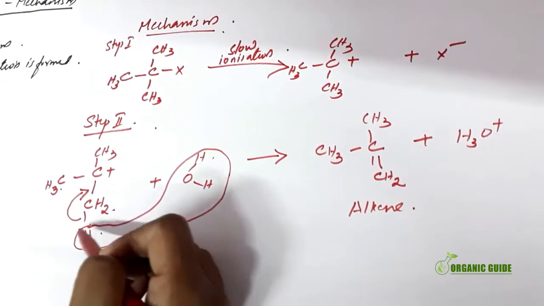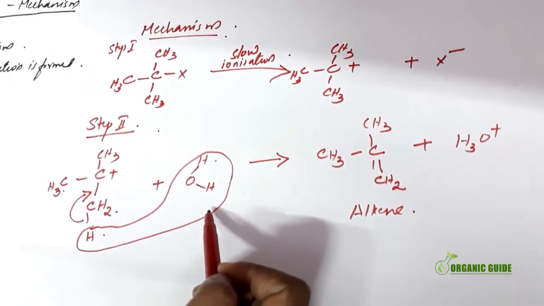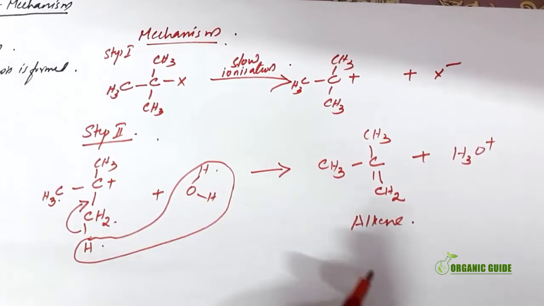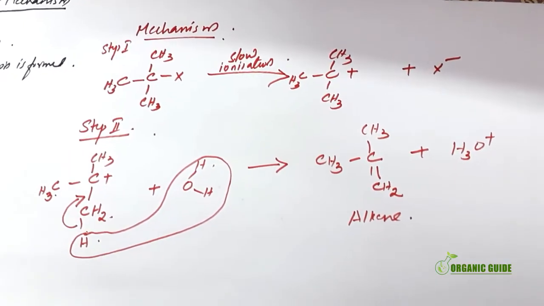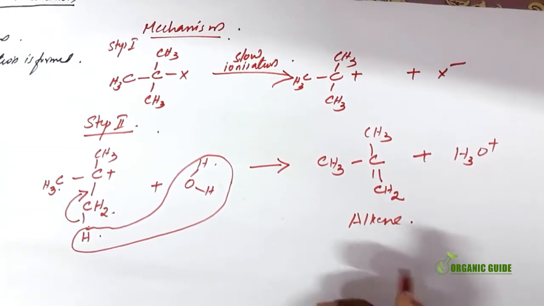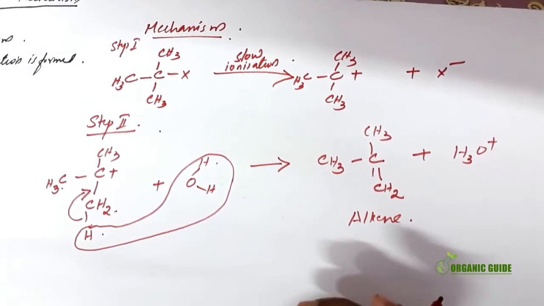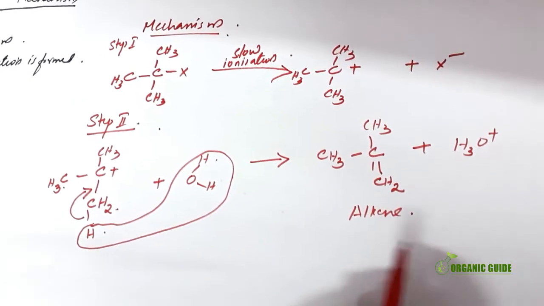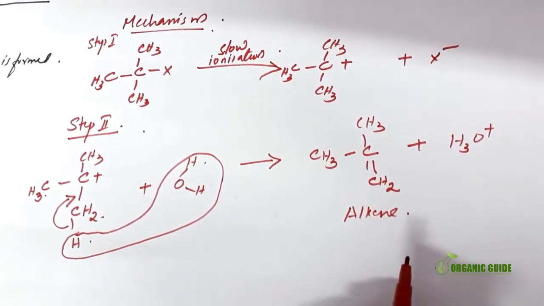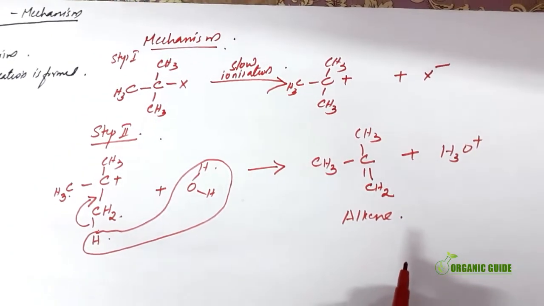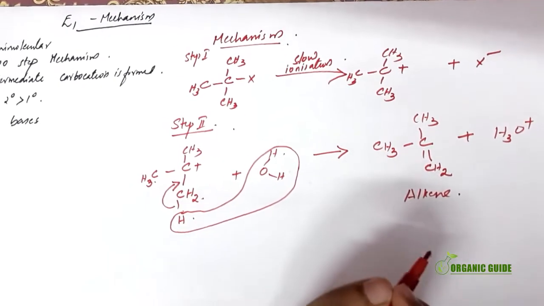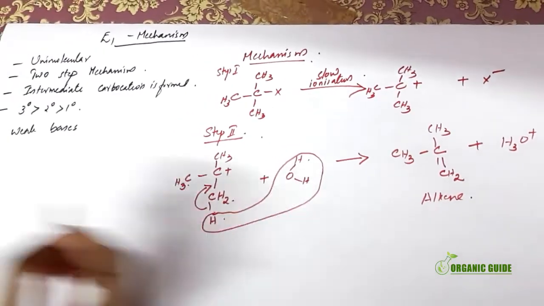If the base attacks a hydrogen atom, then it will be an elimination reaction, and if the base attacks the carbon atom, then it will be a substitution reaction. That is the only difference. For SN2 and E2, if the base attacks a hydrogen atom, it is E2. If the base attacks carbon, it is an SN2 reaction. So this is the mechanism for E1 reactions.